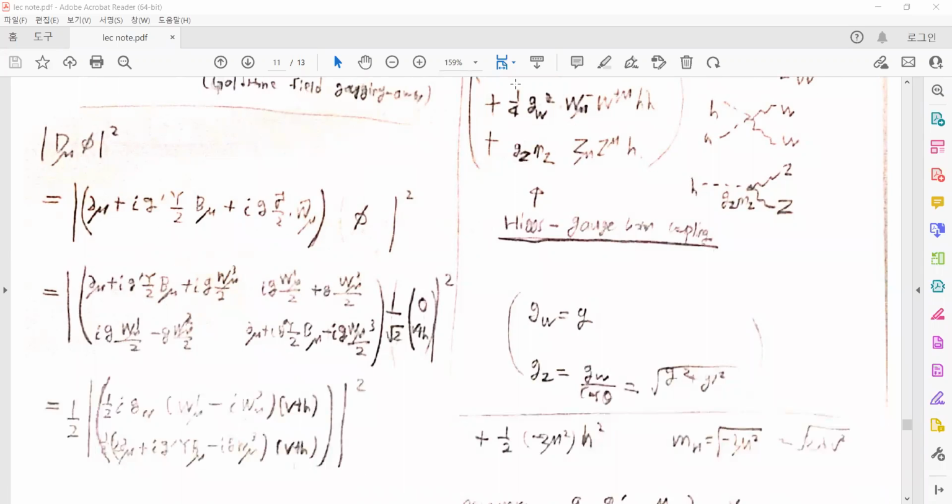And in the kinetic term, the covariant derivative contains some Lie algebra generators, which are some of the charges and some of the gauge boson fields, and they act on the Higgs field.